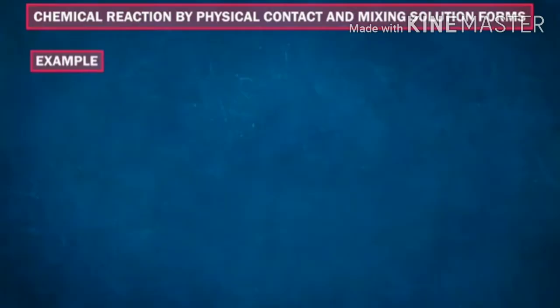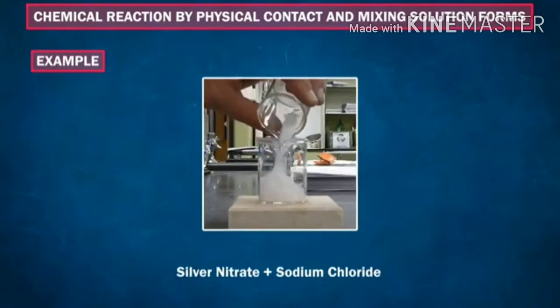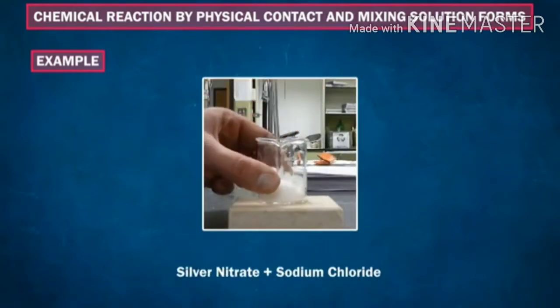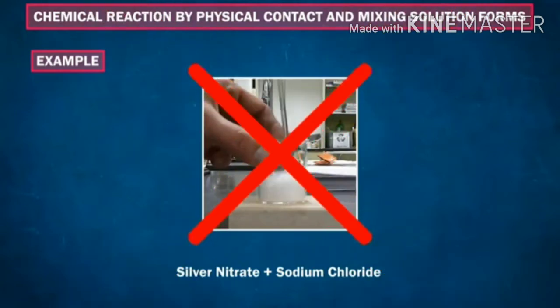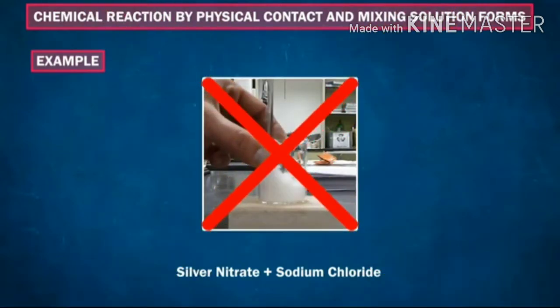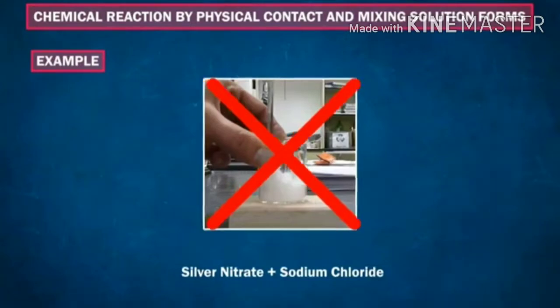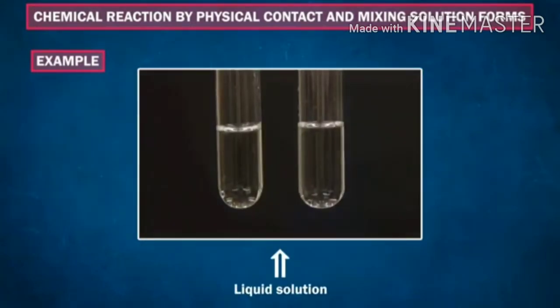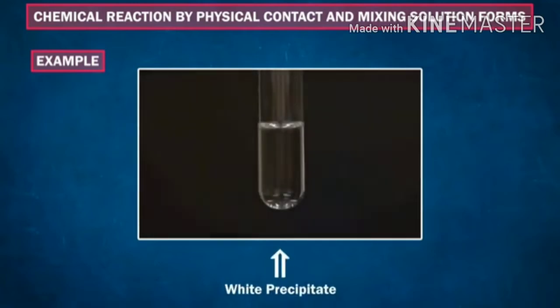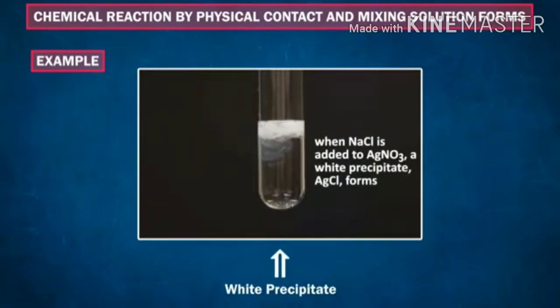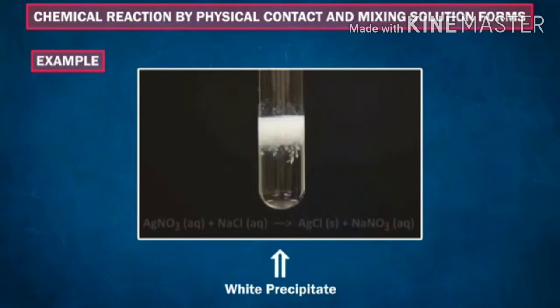For example, take a small amount of solid silver nitrate and sodium chloride in a test tube. Do you observe any change? No. The reactants in solid state have no reactions. So what would you do? Now we have to dissolve the same reactants in water in separate test tubes.